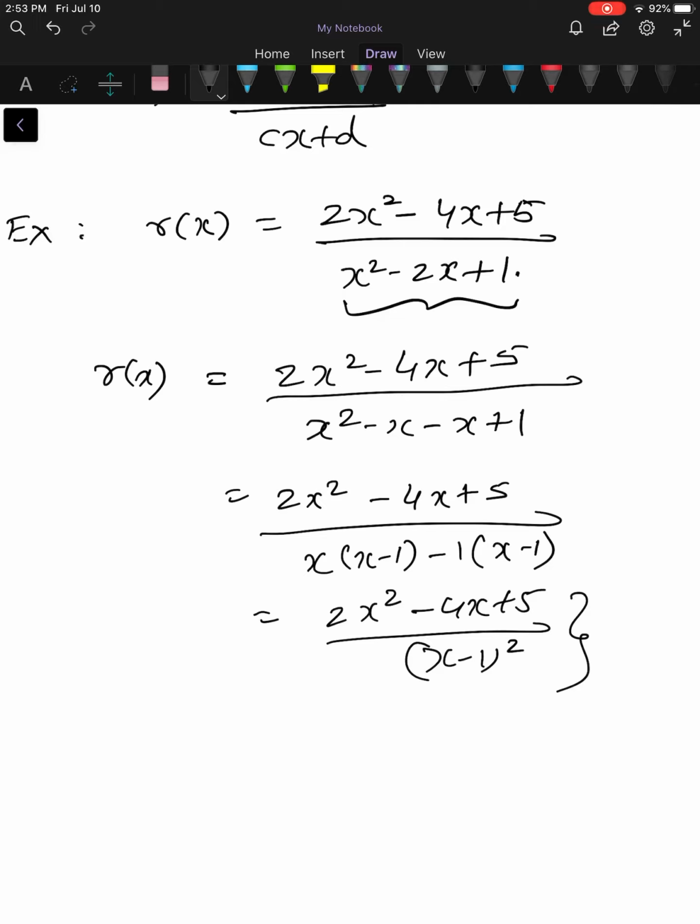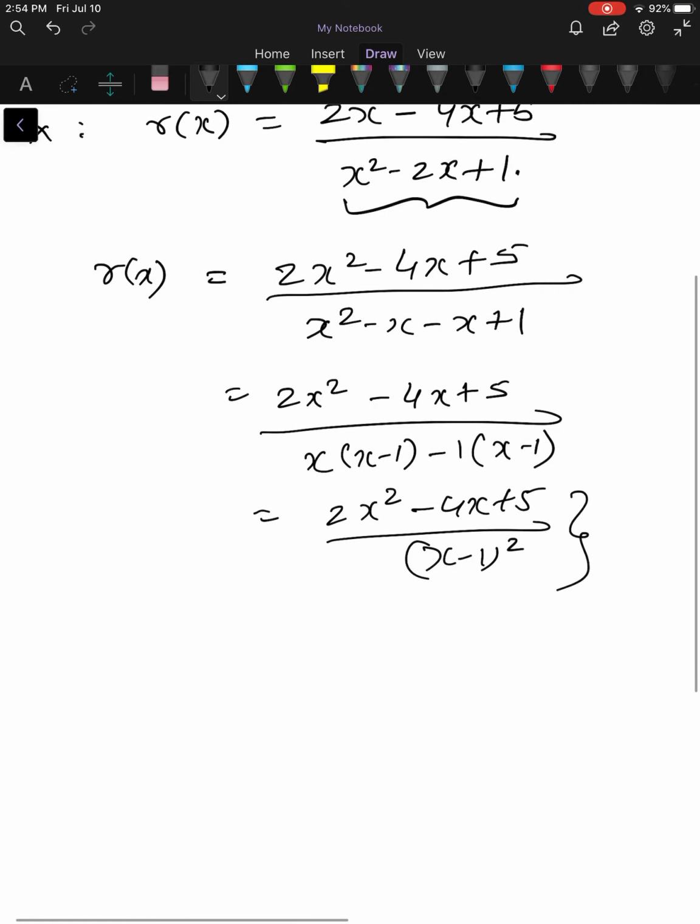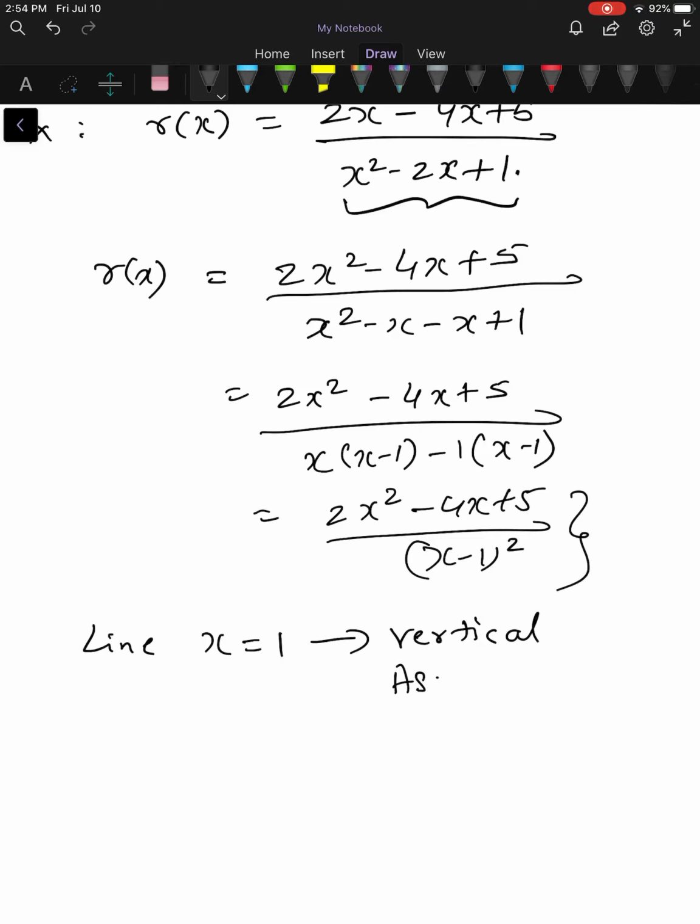Anything divided by 0 tends to infinity, which is not defined. So when does this whole fraction tend towards infinity? When x minus 1 the whole square tends towards 0, which is when x is equal to 1. So the line x is equal to 1 is the vertical asymptote.